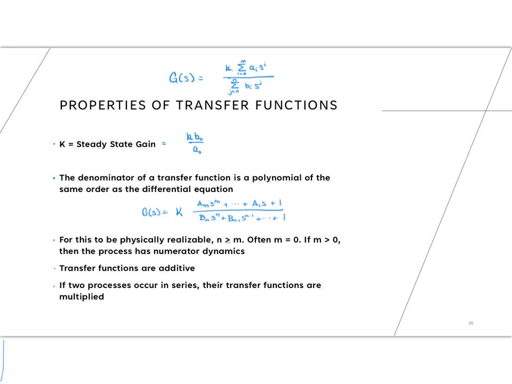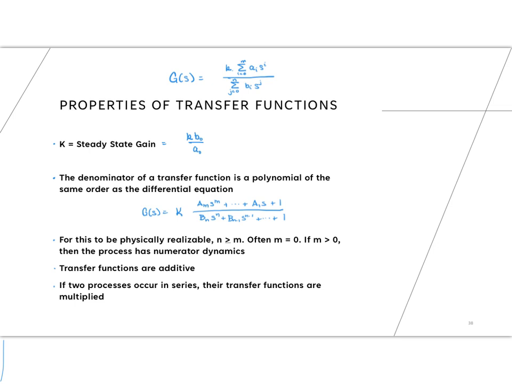Now we might have it in a factored form, but we know that that's just a polynomial. The polynomial in the numerator will be to the m power, the one in the denominator to the n power. And then I need to talk about those coefficients.